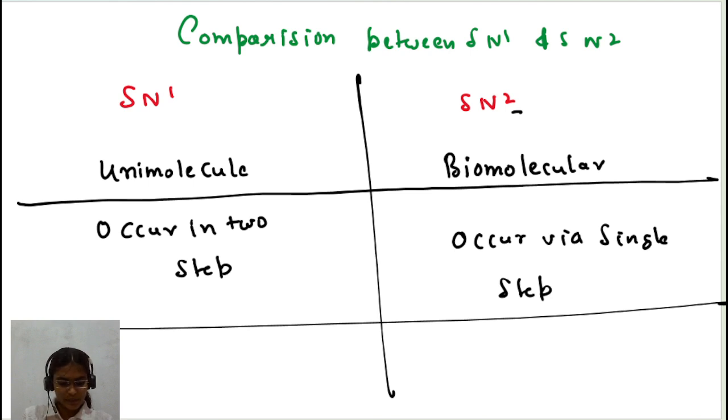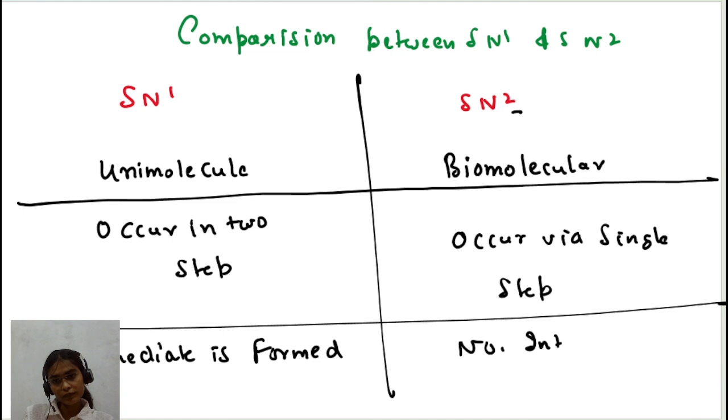Next one, in this case, an intermediate is formed, and in this case, no intermediate is formed. So these are the three differences.